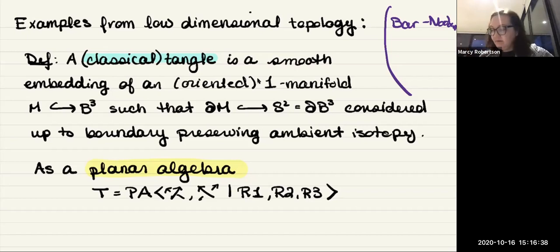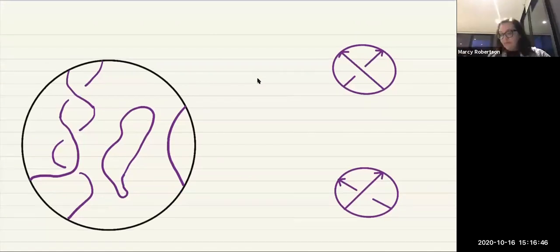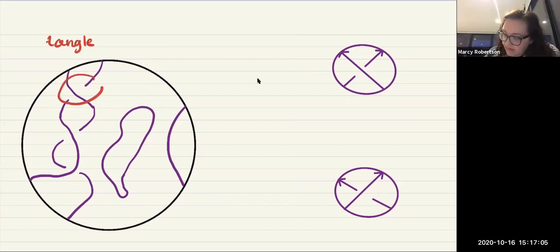Let's look at an example here. So here's a tangle that I've hopefully drawn correctly, and I want to see this as an element generated by these things. It's kind of a now obvious idea. Well, I look at these crossings.